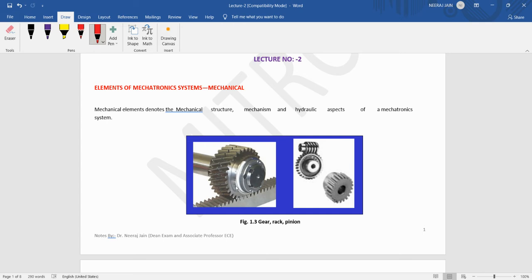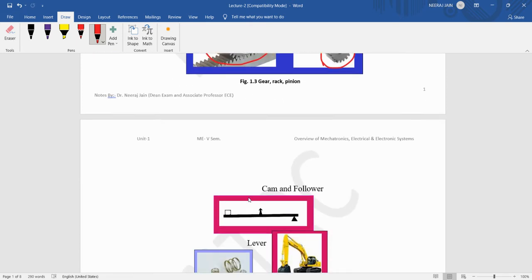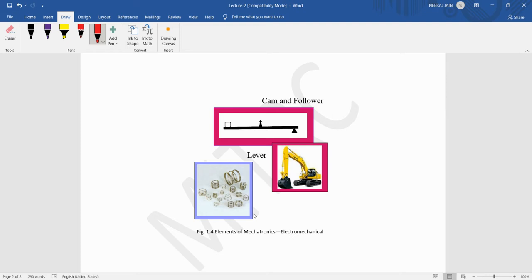There are several types of mechanical elements, like, as shown, gear, rack and pinion arrangement. These are the commonly used mechanical elements which are widely used in industries.